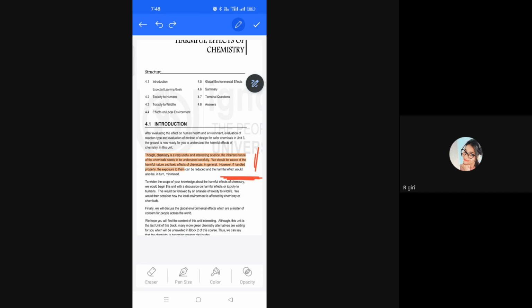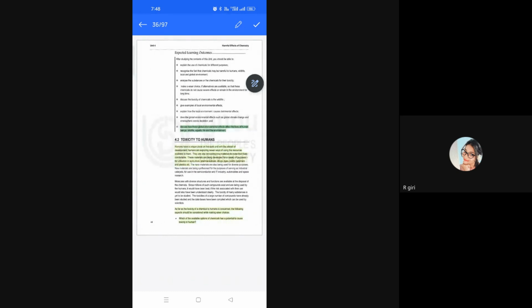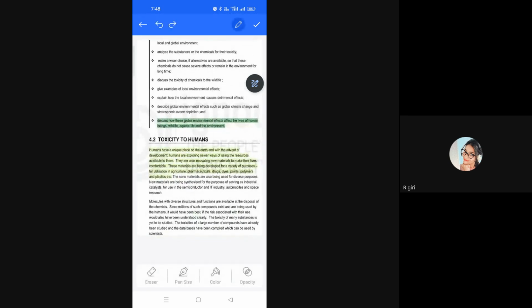Okay, first you should read it, the nature and harmful effect. I am reading. Especially one long question will come here. Discuss how this global environmental effect affects the lives of human beings, wildlife, aquatic life, and the environment.